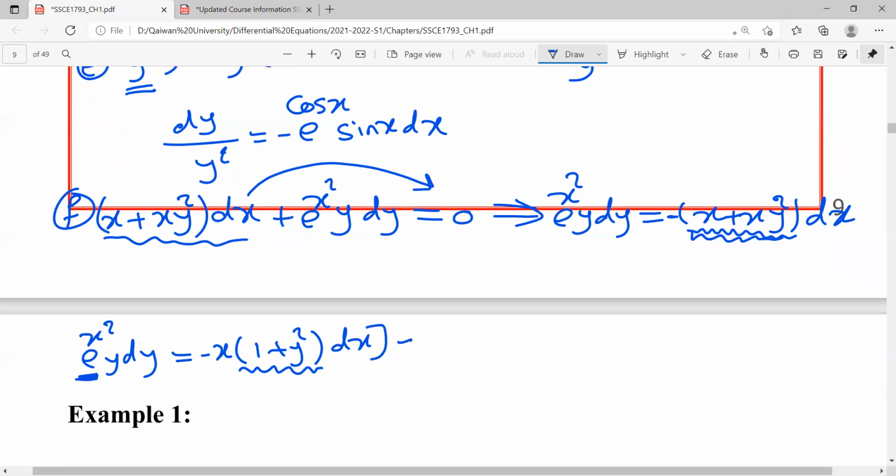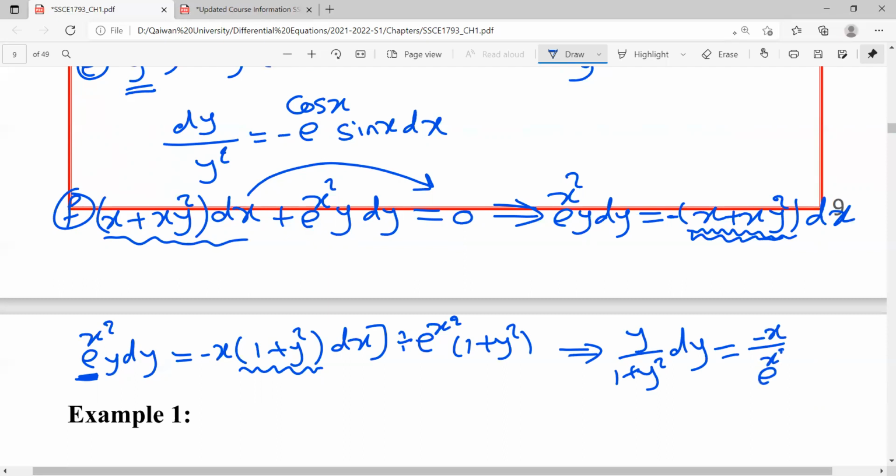So on the left hand side, we get y over 1 plus y squared dy equals, on the right hand side, minus x over e to the power x squared dx. This is the separated form.